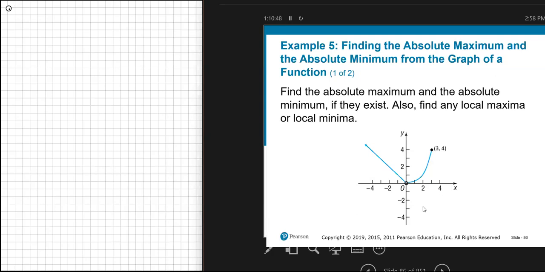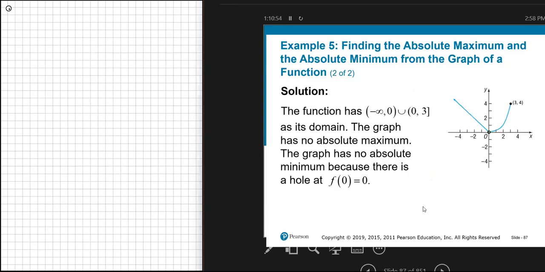It has no absolute minimum, no absolute maximum, no local minimum or local maximum. So looking at the domain here, we're not including the point (0, 0) in the graph, which takes away our absolute minimum and our local minimum.